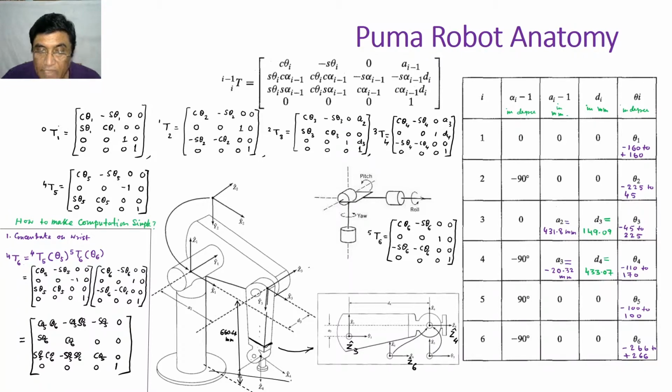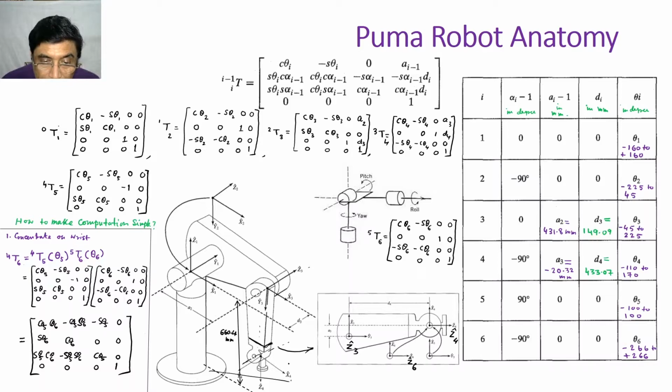So 3, 4, 5. This Z5 axis is also perpendicular to the plane of the board where this has been represented. Clear? So this is actually one axis passing through.